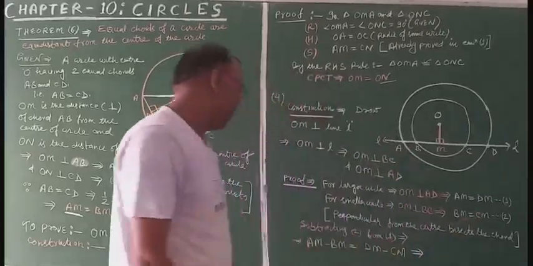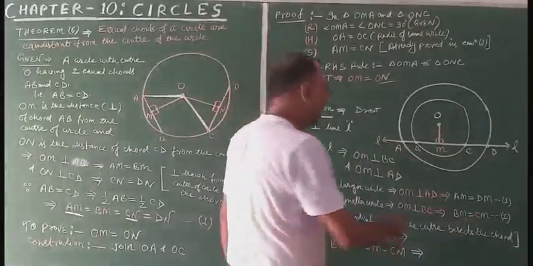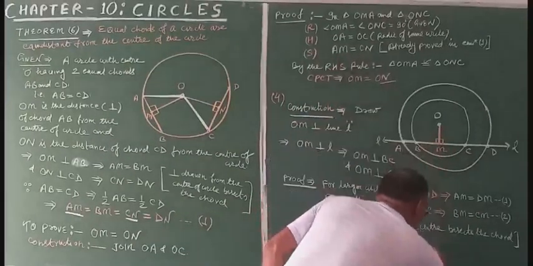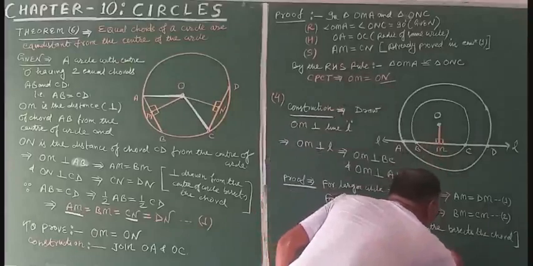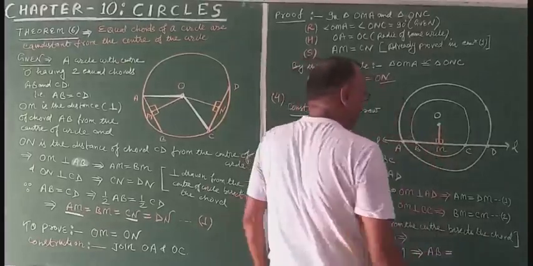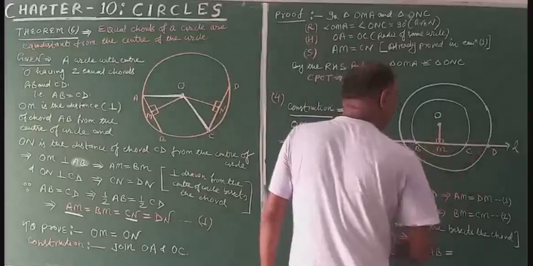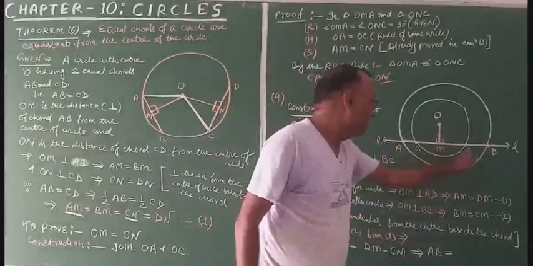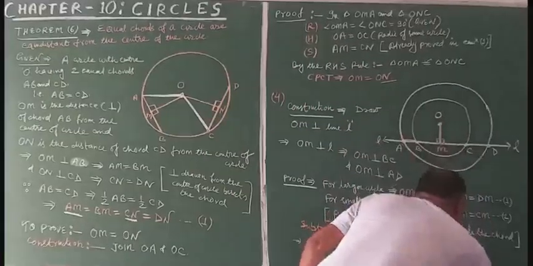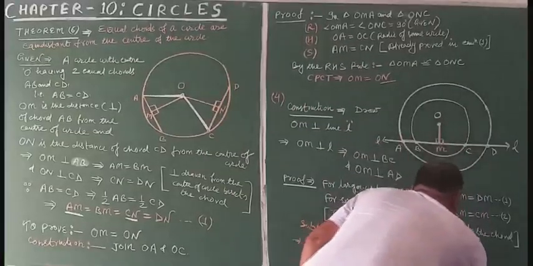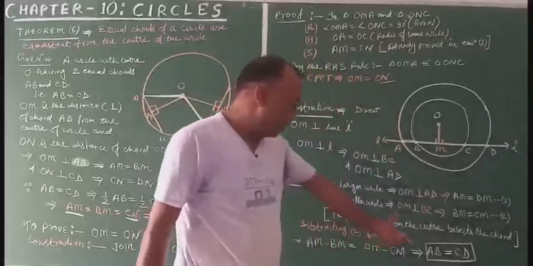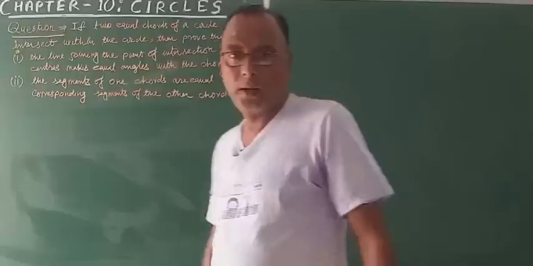Now just look here. AM minus BM, this is the whole AM minus BM, what will you get? AB. You will get AB is equal to DM minus CM, and DM minus CM will be CD. So AB is equal to CD.